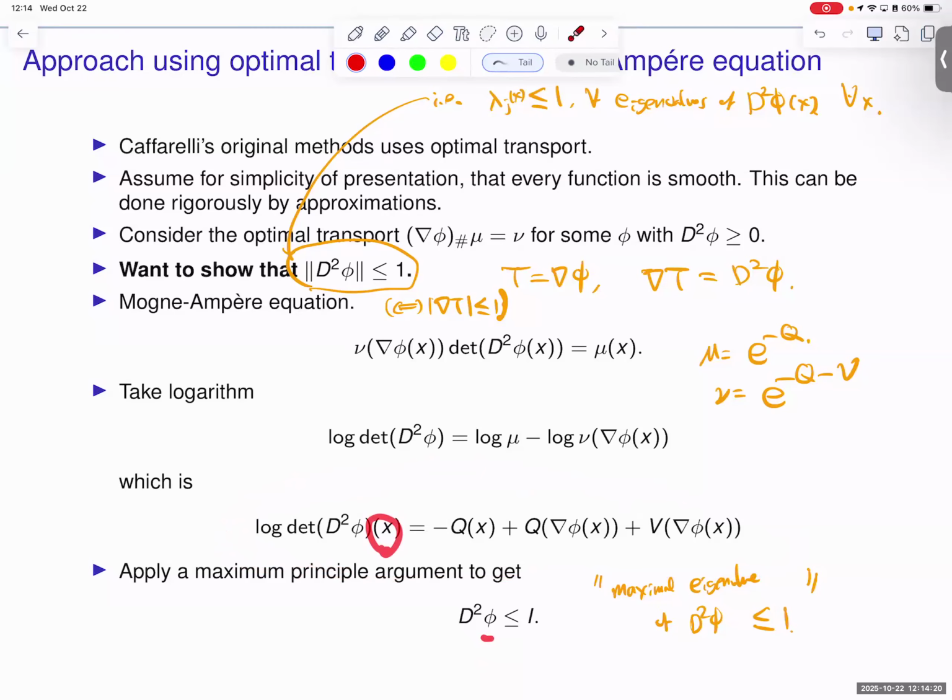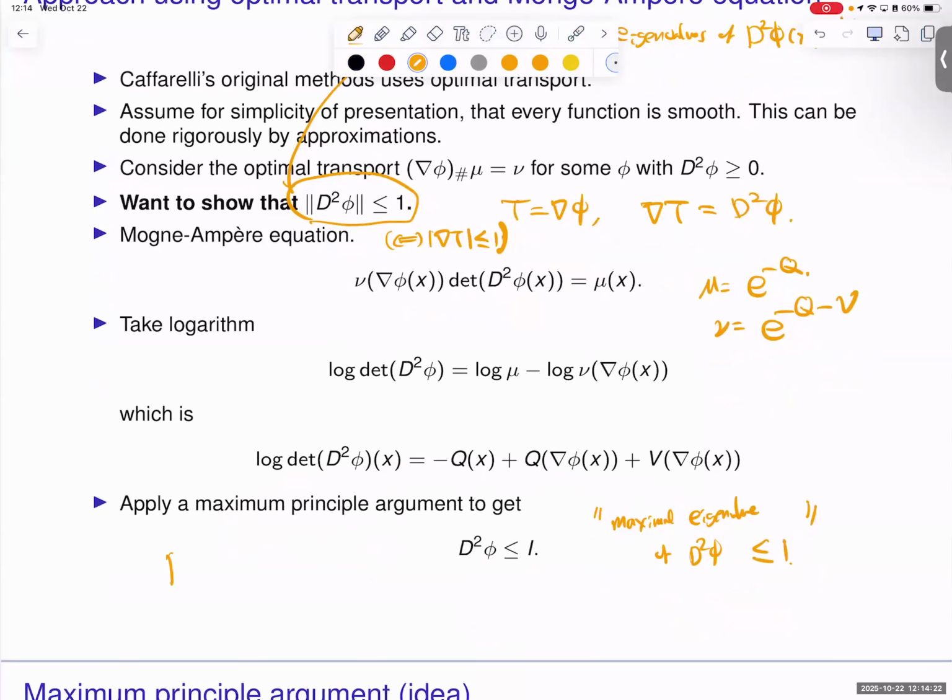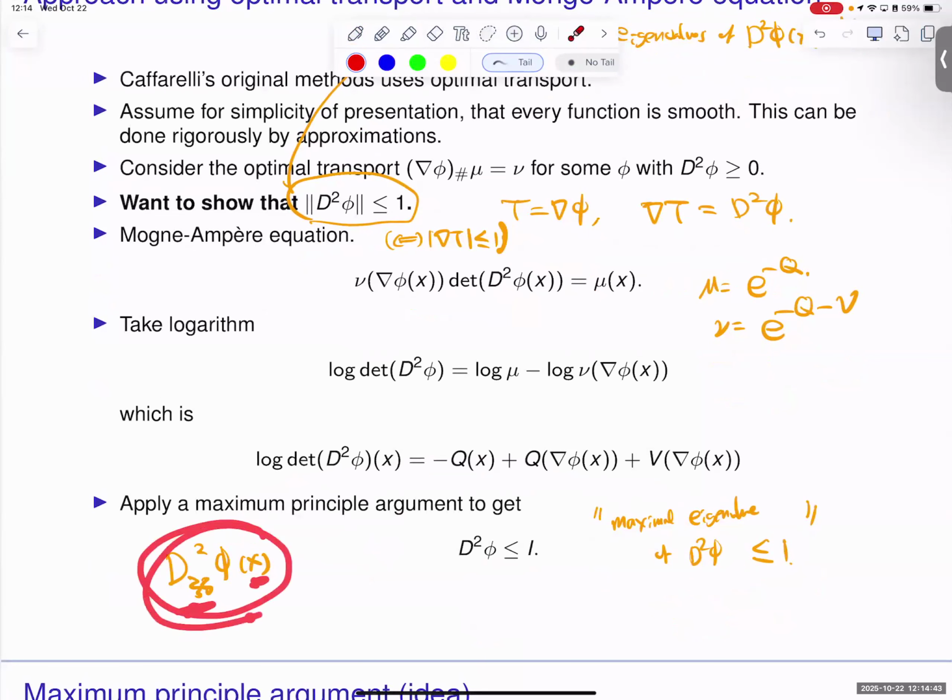Here you have two things: the location where you differentiate and the direction where you differentiate. So you assume that we are at that location and that direction where this second derivative is the maximum.